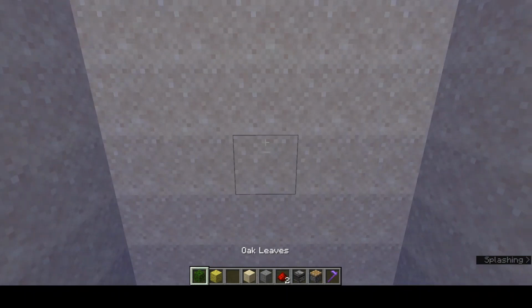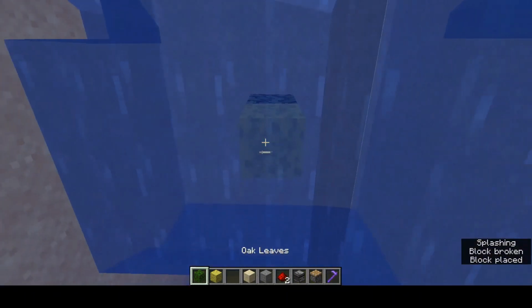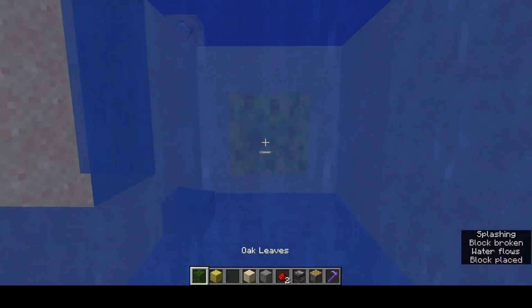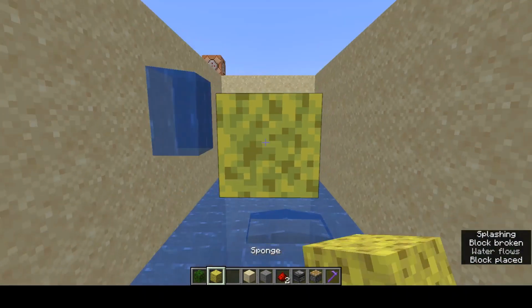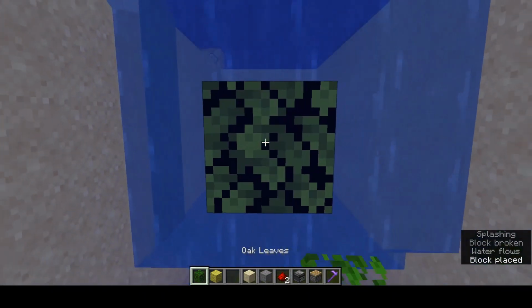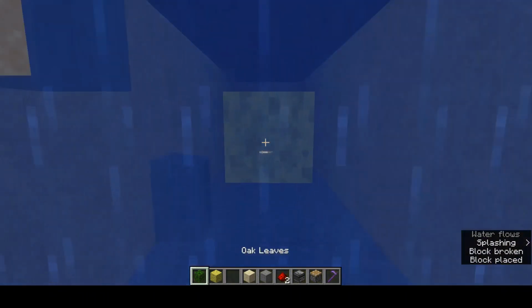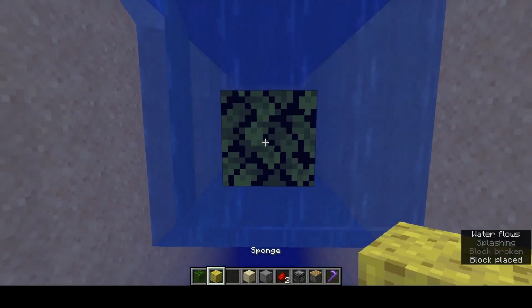The 5 wide is my personal favorite. It's the one that I've been doing the longest. You're again 3 blocks down. Start with a leaf block, then sponge, 2 leaf blocks, sponge. Just repeat that pattern all the way back. And this is the most efficient.